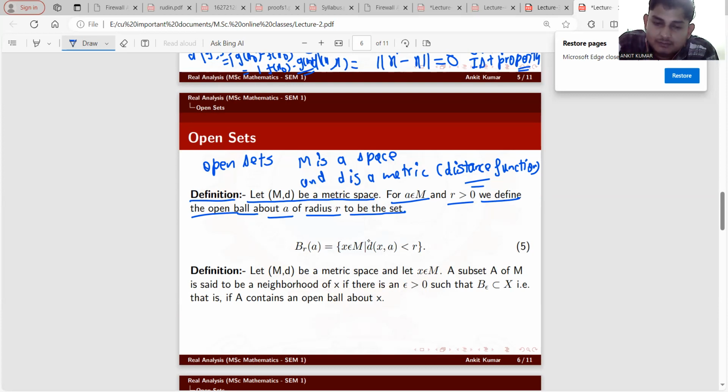So let M comma d be a metric space. For a belongs to capital M and r positive, we define the open ball about a of radius r to be the set.